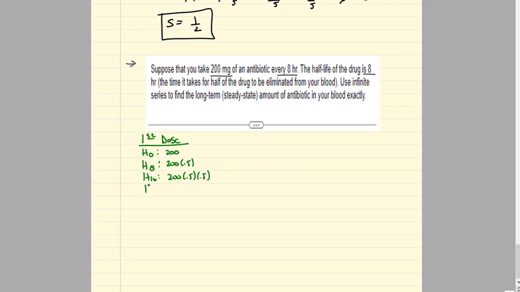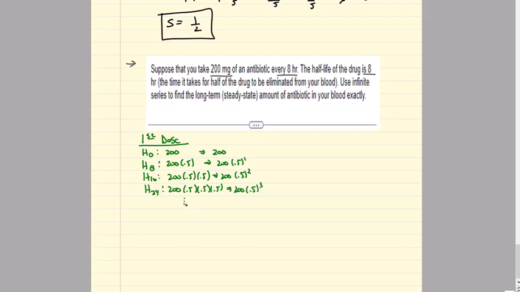So you're going to kind of get the idea here. And in 24 hours, I have 200 times 0.5 times 0.5 times 0.5. So you can see that this is just going to equal a geometric series. So this is 200, 200 times 0.5 to the first, 200 times 0.5 squared, 200 times 0.5 cubed.